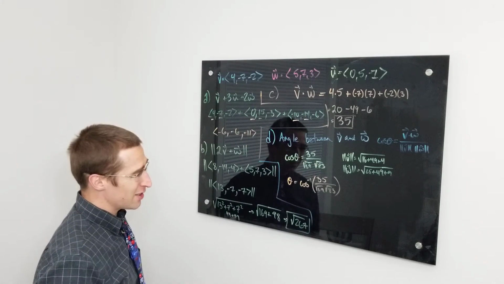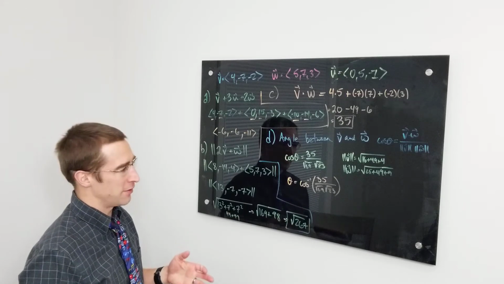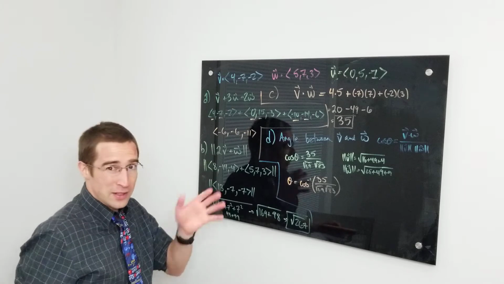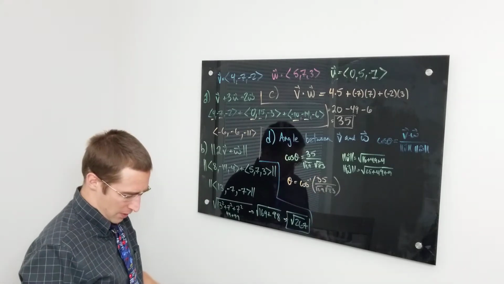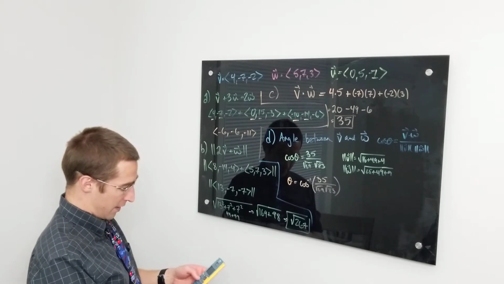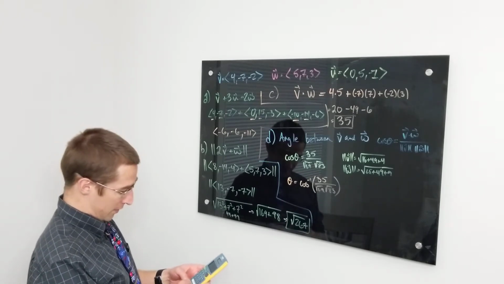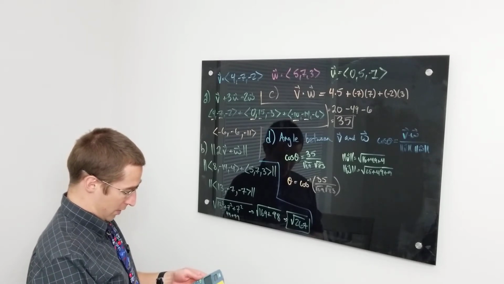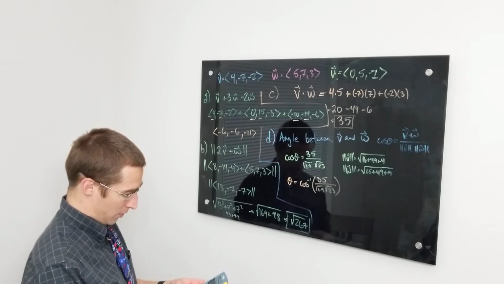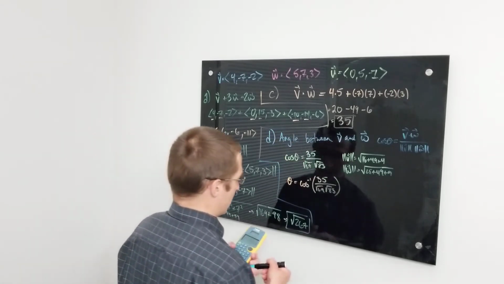Since it's an angle between two vectors, we're not talking unit circle stuff, let's put it back in degrees, just because degrees are really easy to think about. You can kind of visualize them a little bit easier. So, mode, degree, and let's go inverse cosine of 35 over square root of 69 times square root of 83. Boom! And I get about 62.45 degrees.